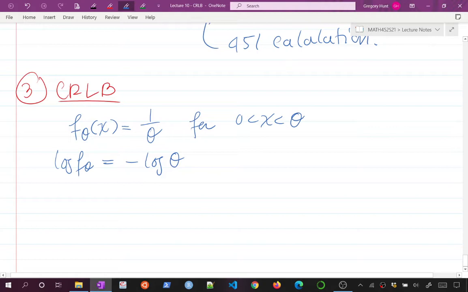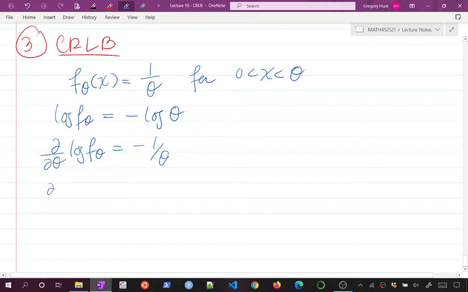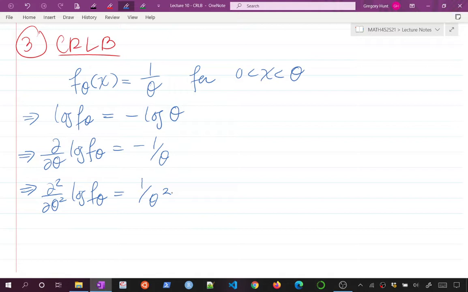If I take the first derivative of log f theta, I get negative 1 over theta, which funnily enough brings us back almost to our original thing. If I take a second derivative, that would be 1 over theta squared. So already this is looking a bit weird.